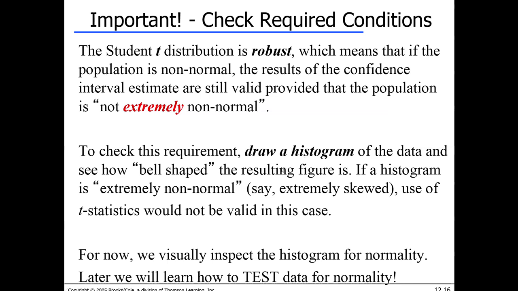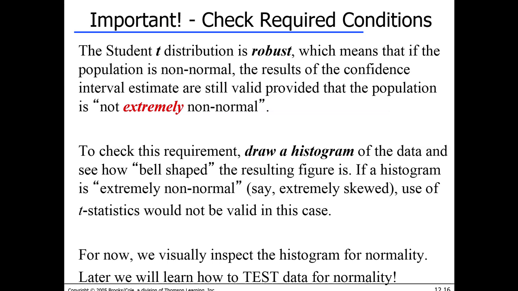So therefore, before we proceed, we have to check the data for normality.